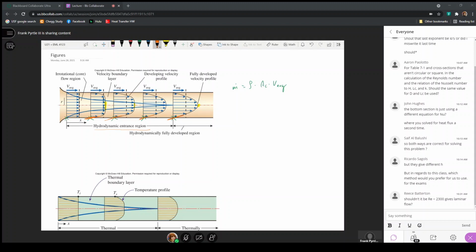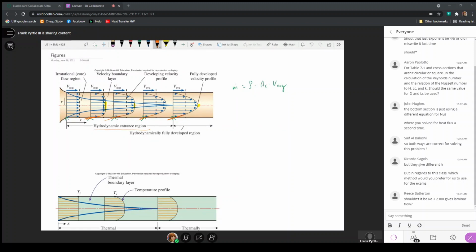That just means that from the point at which the flow becomes hydrodynamically fully developed, the pressure drop as a function of position becomes a constant. So for every foot, if the drop is a tenth of a psi, then that's what it is. Or for every meter, if it's 1 kPa, then that's what it is, and it doesn't change.